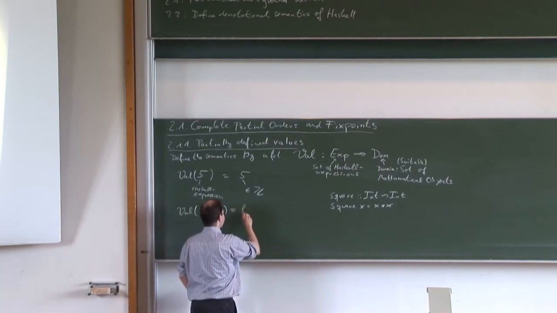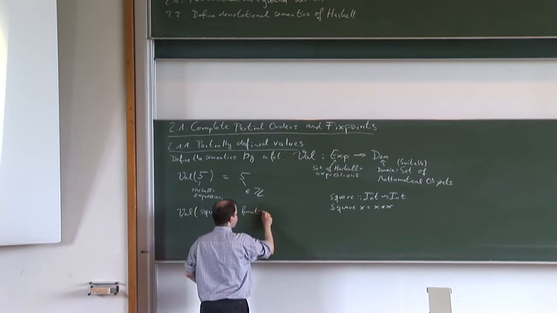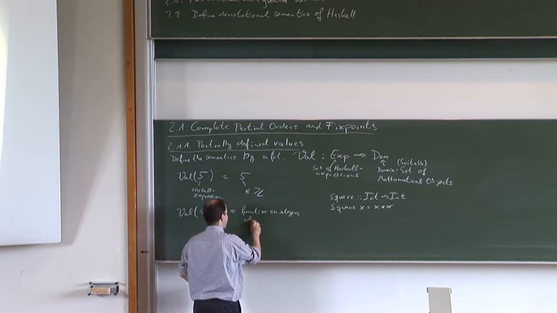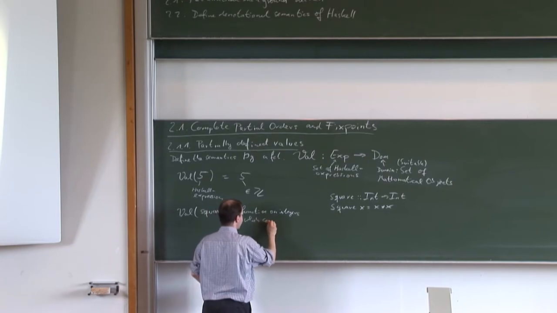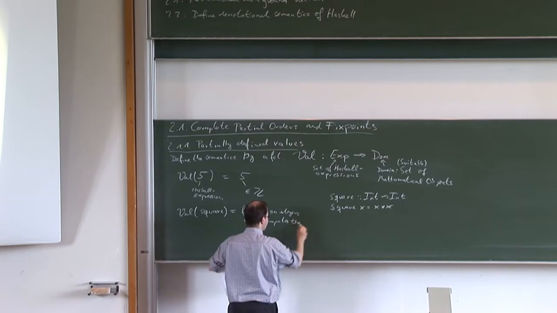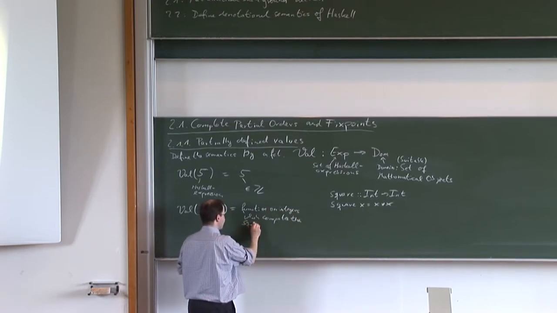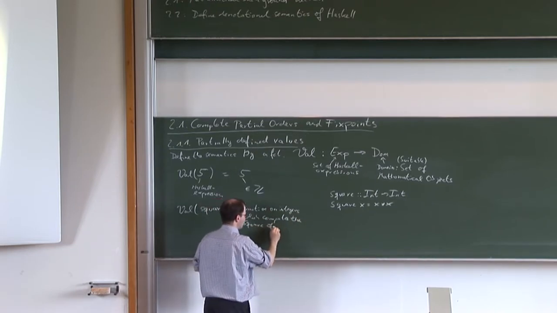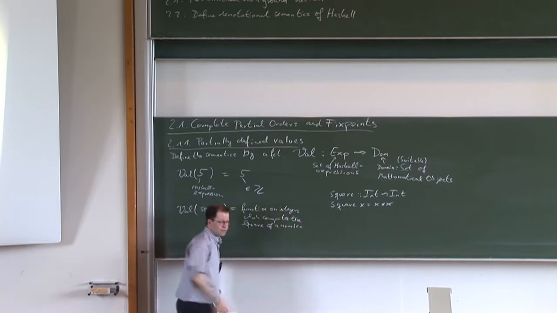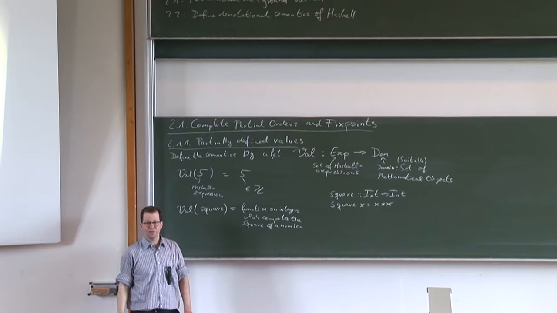So it's the function where, if you give 5, you get back 25.